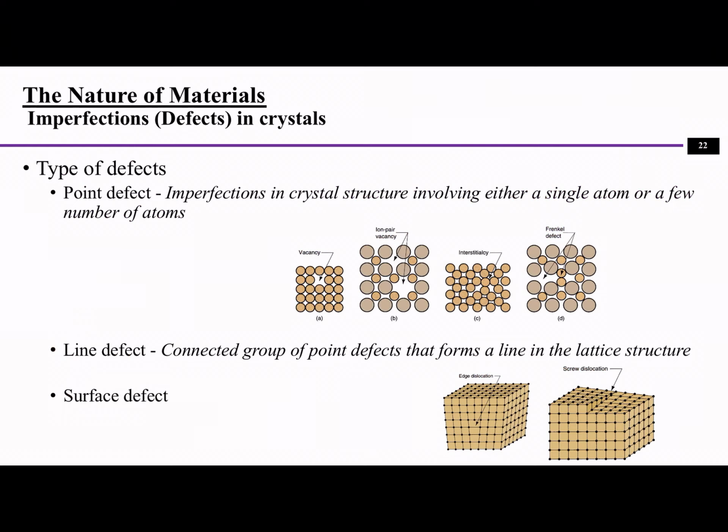Point defect means there is a missing atom at a certain point, and certainly only one atom missing. There are some examples. Like A is one atom missing, and B is called an ion pair vacancy because it's missing a pair of atoms.